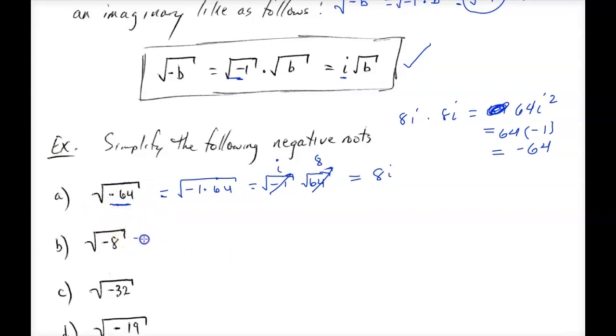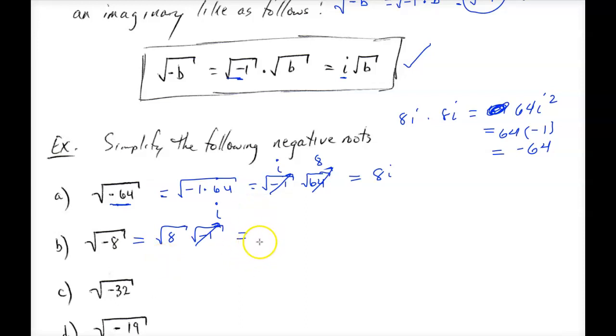So for our second example, we'll rewrite this as square root of 8 times square root of -1. And of course, this time I'm just flipping it so that I can have the i on the right side instead of the left. We know that square root of -1 is just i. And 8, although it is an irrational number, we can break it down some more.